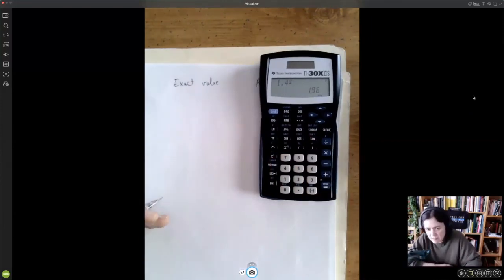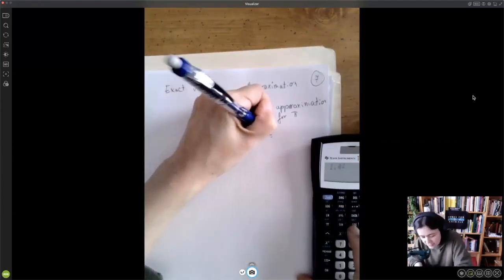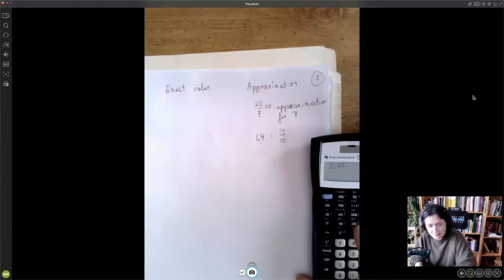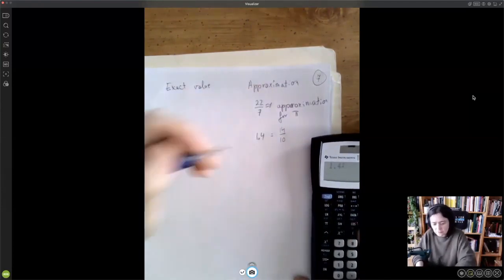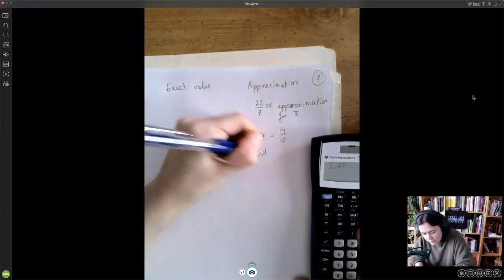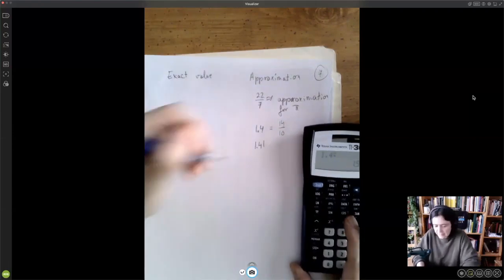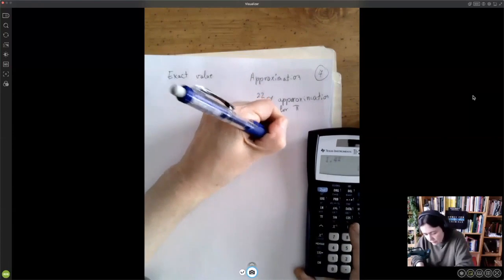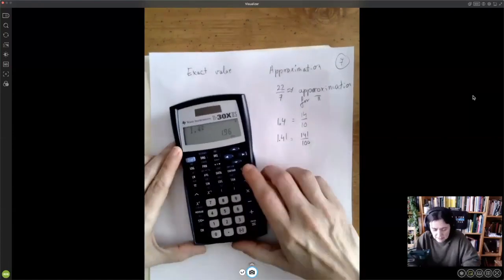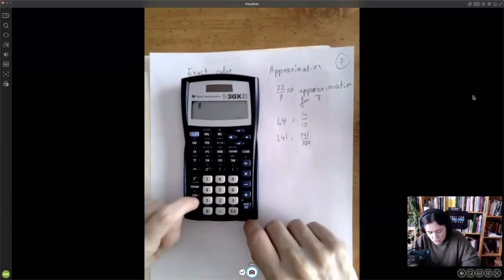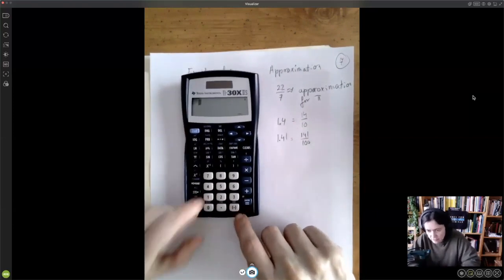It doesn't quite, it's close, but no cigar. And also it's rational, right? So this is an approximation. 1.41, again, it's rational because 141/100 is that, but also we can square it. And this is how we can get approximation of a square root just by squaring.